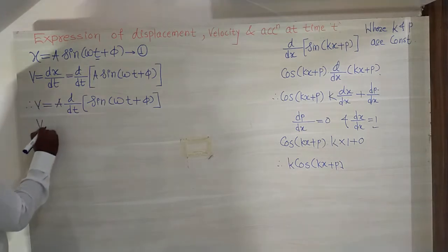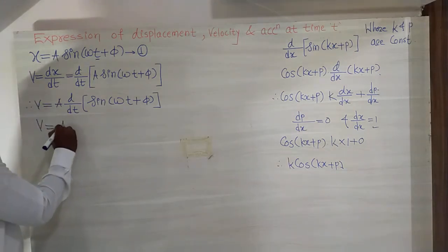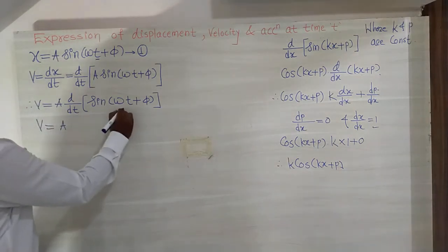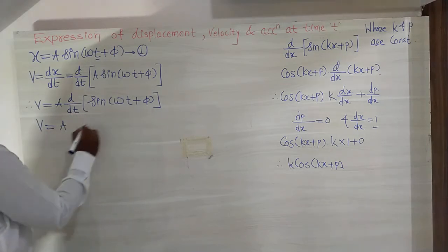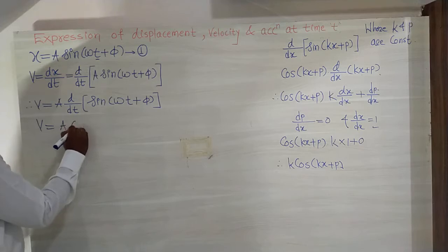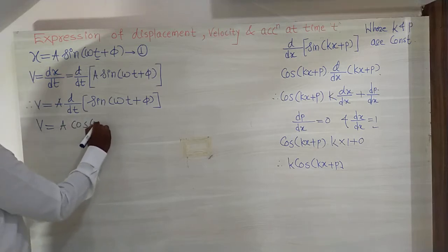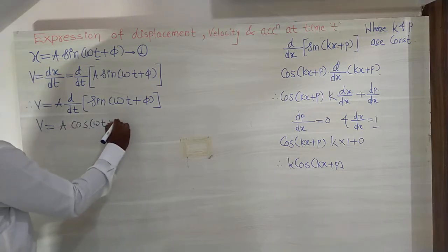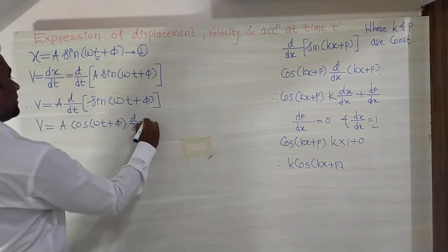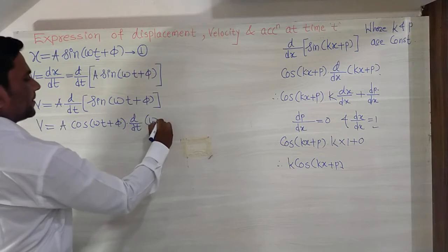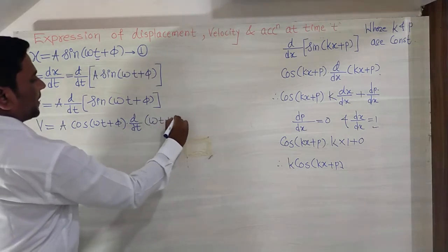So velocity v is equal to a into d by dt of sine of omega t plus phi. The derivative of sine of omega t plus phi is a cos of omega t plus phi into d by dt of omega t plus phi.